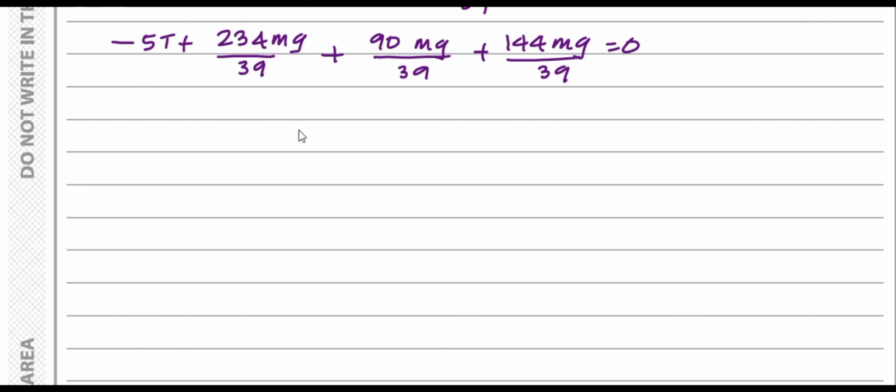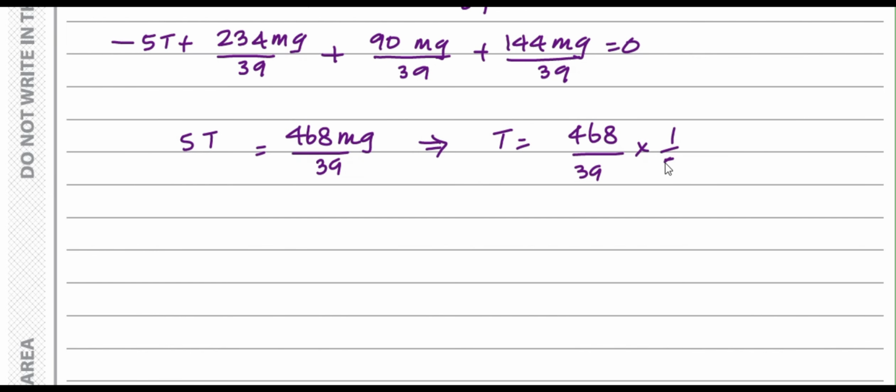Therefore, 468 mg over 39 is equal to 5T. That leads to T equals 468 over 39 times 1 over 5 mg, and that is equal to 12 mg over 5 as required in the question.